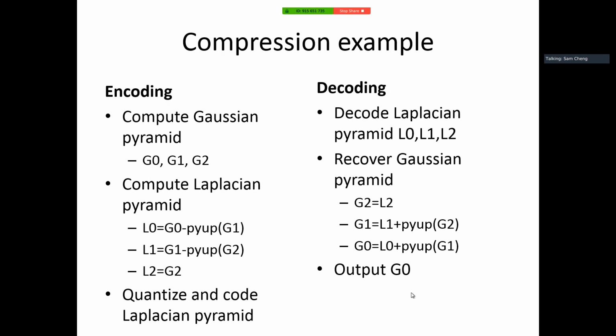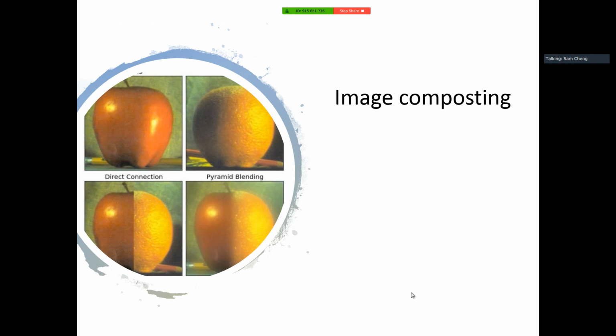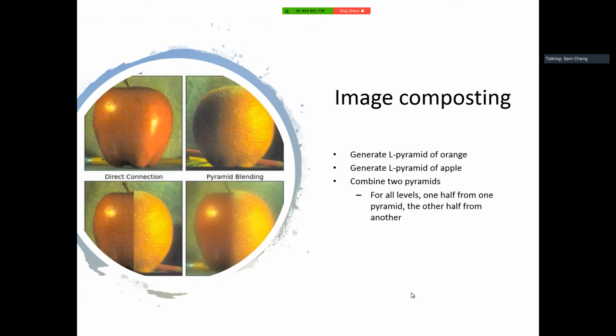So a more interesting application is image compositing. Actually, I made it a homework last time. I'm not sure I should make a homework like this again this time, but maybe or maybe not, because you have this other one. So, a very simple idea. You have two images, let's say, where you can create a Laplacian pyramid for both images.